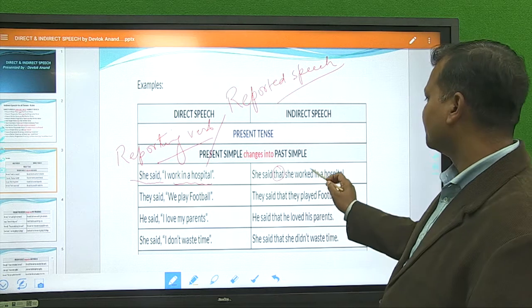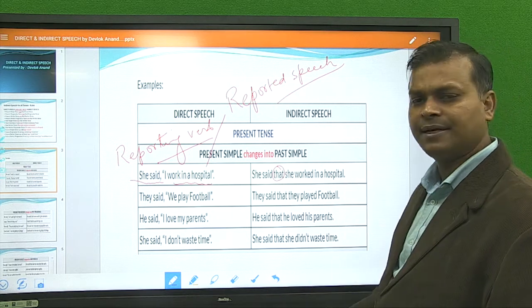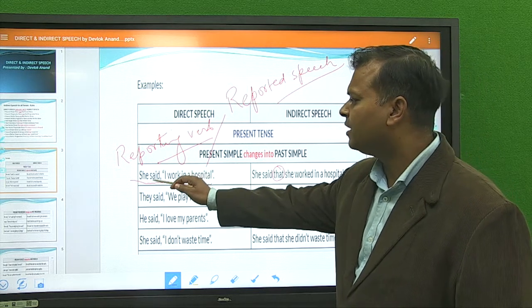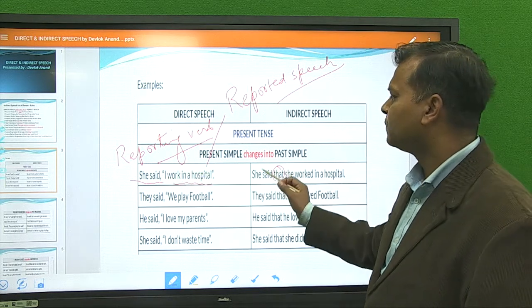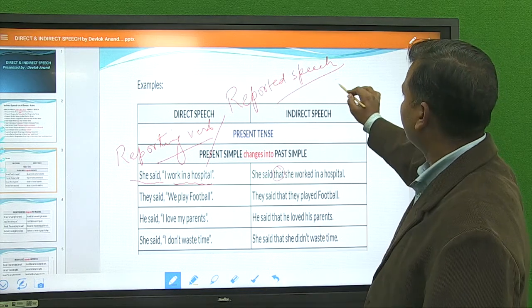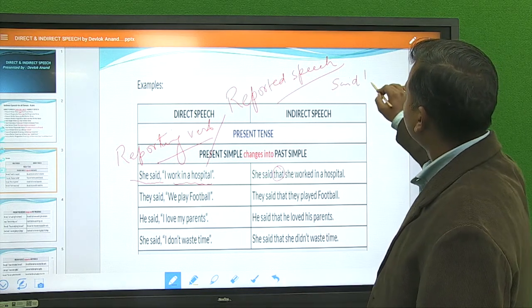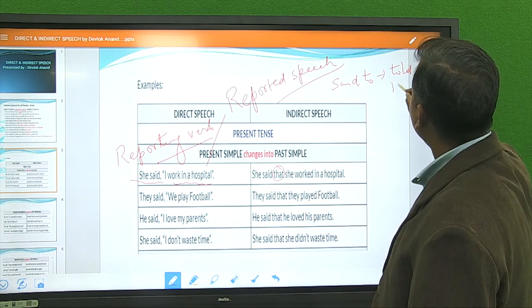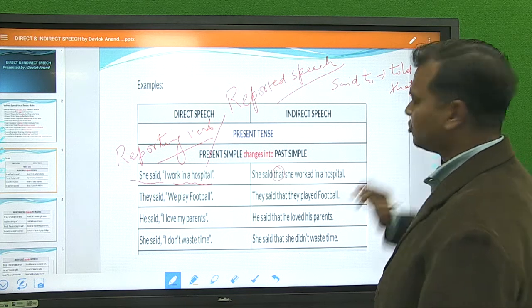And if in place of the comma and inverted commas, it had been, She said to me, I work in a hospital, then said to will change into told that. Is it okay?